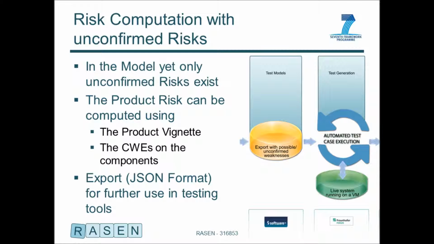As mentioned before, this is the deployment scenario in which the product is used and the CWEs attached to the components. And this export is enabled using a JSON format to a RACOMAT tool, which will do the automated test case execution and the test case generation based on a live system which is running on a virtual machine.